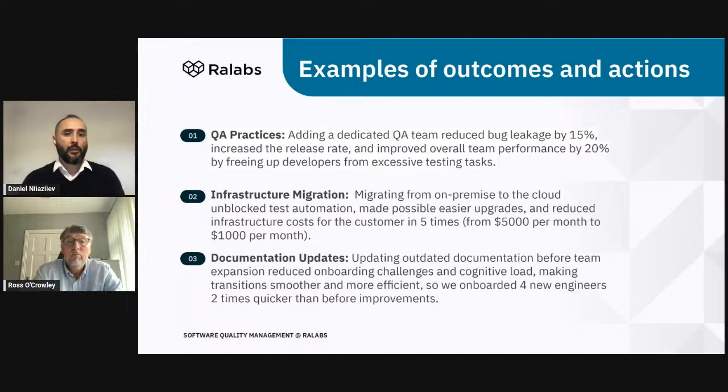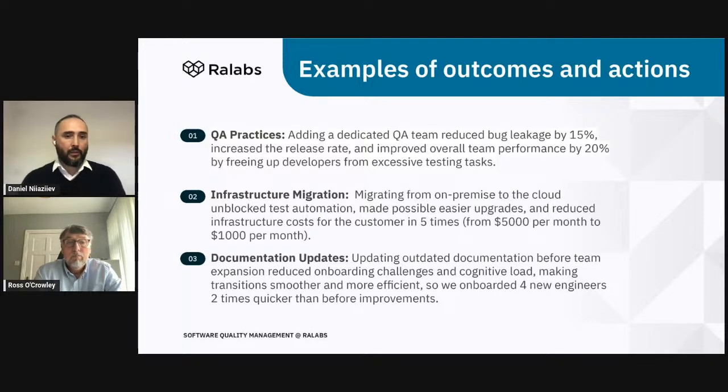We increased the release rate, and overall team performance improved by 20%, which is quite a lot. We freed developers from excessive testing tasks, and usually rates for QA engineers are lower than rates for developers. So it was a win-win situation. Everyone won.